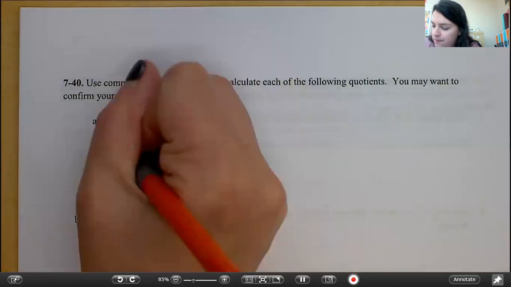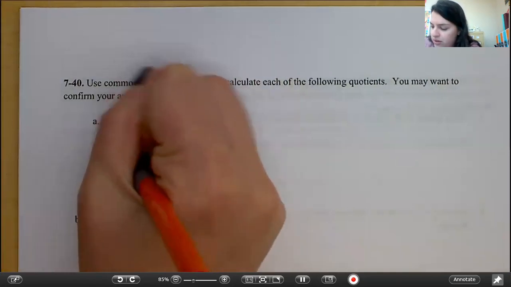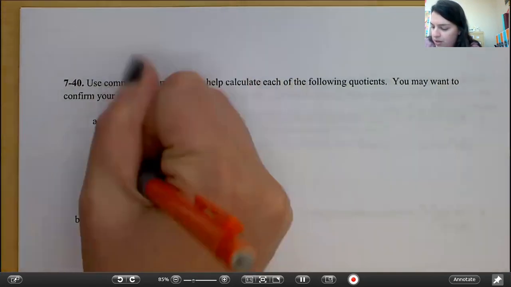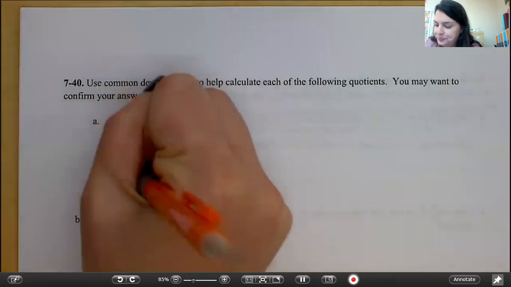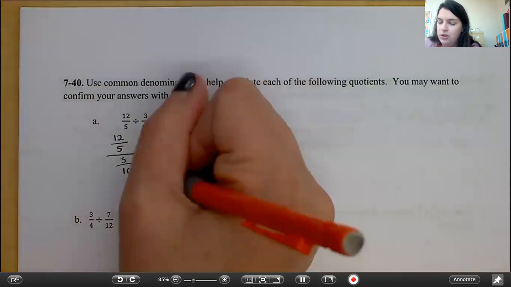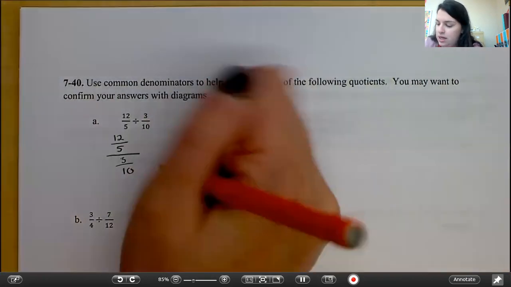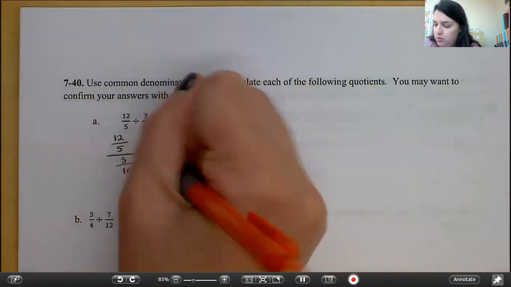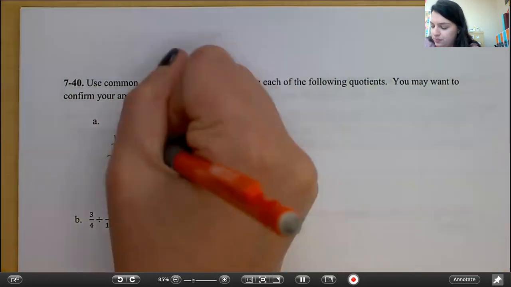So we have 12/5 divided by 3/10. So we just wrote this in a different way. Now, what we want to do is multiply by the reciprocal of our denominator. Our denominator is 3/10, so we want to multiply by the reciprocal, which would be 10/3.